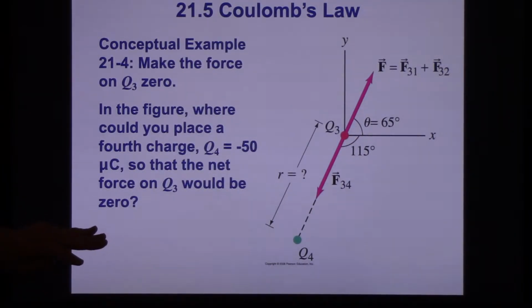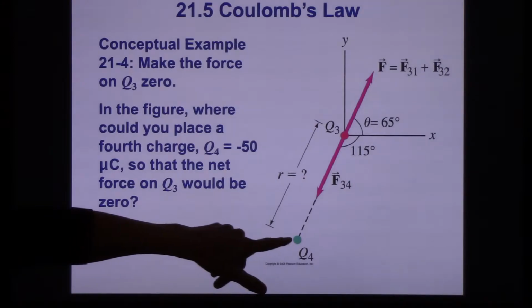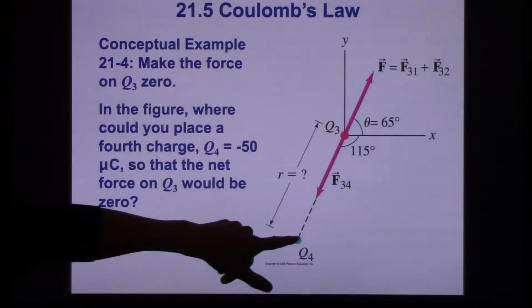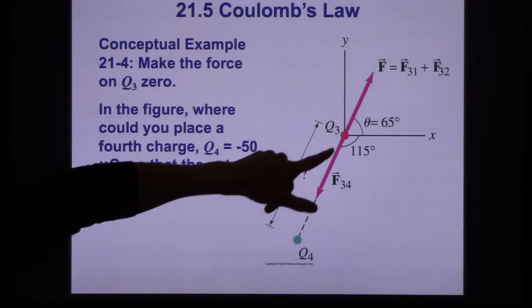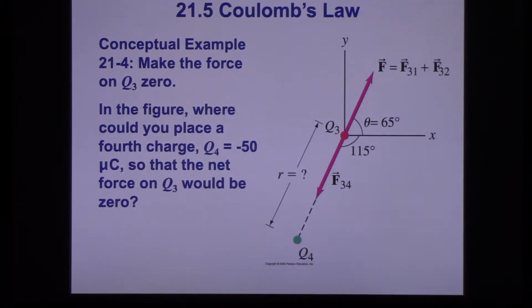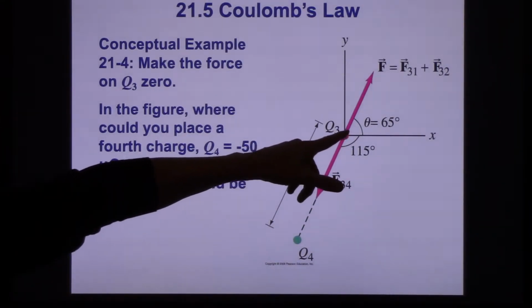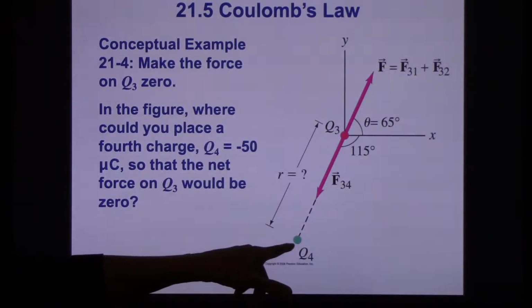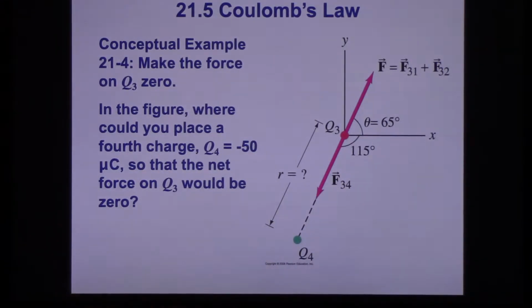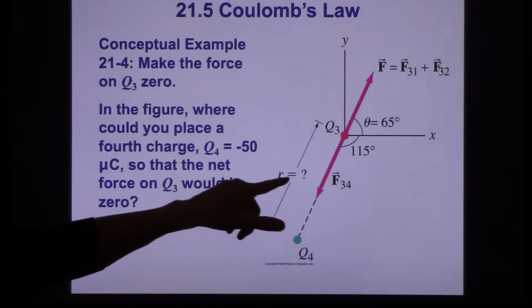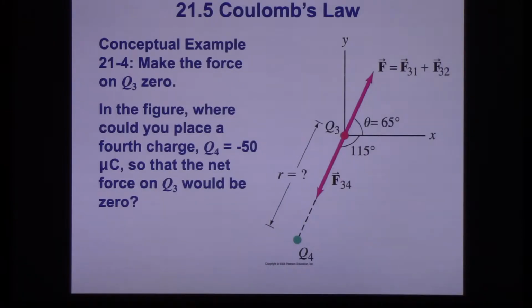And so what we want to do with our negative charge is place it here, with the idea that the negative charge placed here will create an additional force off in this direction on charge 3. So charge 3 now is going to experience a force due to this newly placed charge, and we want to place it at a distance. We're going to figure out what the distance is right here. We're going to place it at a distance where the forces will exactly balance out.